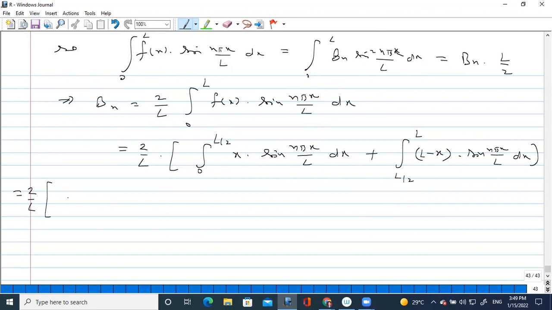So it will be x, the first term as such, into the integral of the second term. Means the integral of sine is minus cos(n pi x by L), divided by n pi by L. This is into, okay, and then minus the differentiation of the first, that is 1, and the double integration of this, so that will become minus sin(n pi x by L) divided by (n pi by L) whole square.